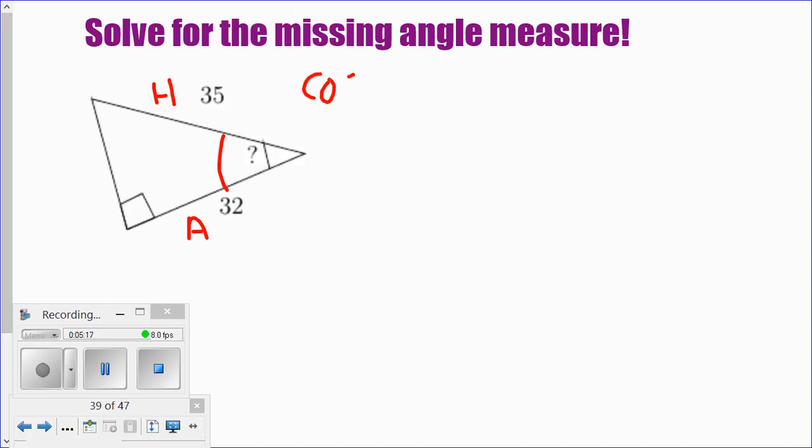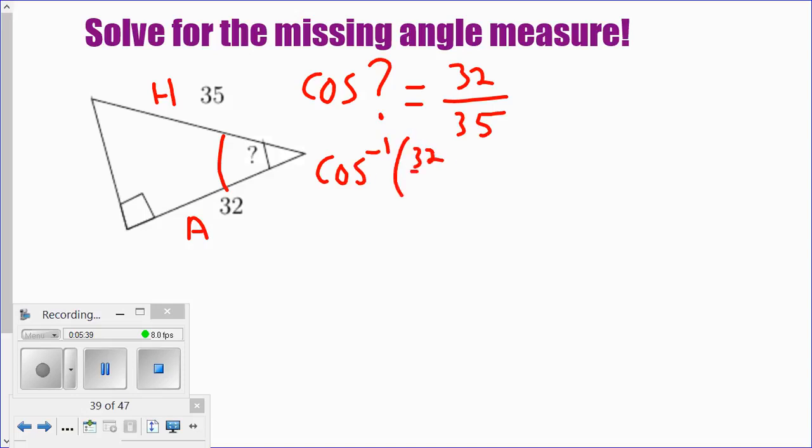So I'm going to say the cosine of question mark is equal to adjacent, which is 32, divided by hypotenuse, which is 35. So I need to solve for question mark. In order to do that, I'm going to take the inverse cosine of 32/35, and that will give me the measure of question mark.